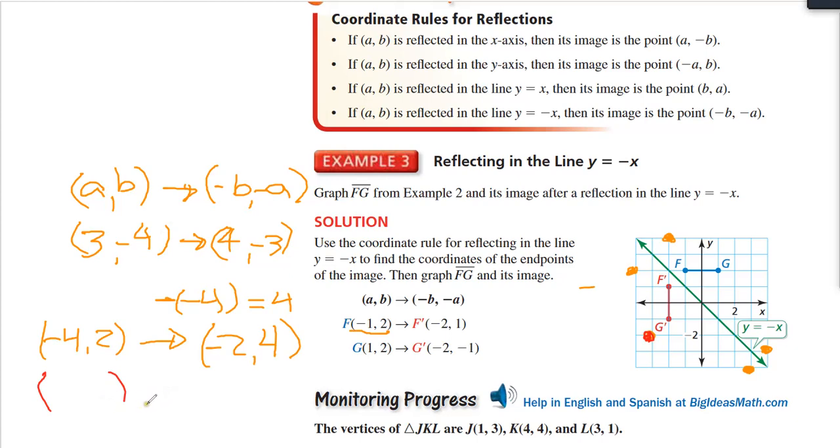I agree, Gianna, thank you. That's -3, -2. We know it's -3, -2 because I'm going this way, -3, and then down 2. The rule says that we switch them around and we change their sign. So the -3 in the x place is going to go as +3 in the y place.